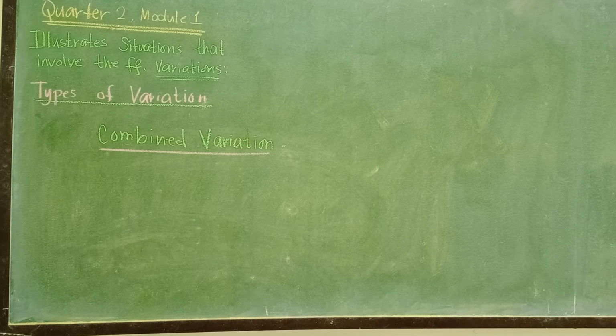Suppose we have 4 variables, namely w, x, y, and z. There is a combined variation if, for example, y varies jointly as x and z, and inversely as w. So, ganito yung issue niya. Gagamit tayo ulit ng illustration.